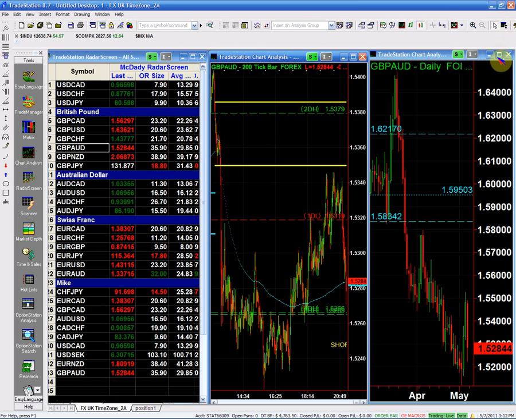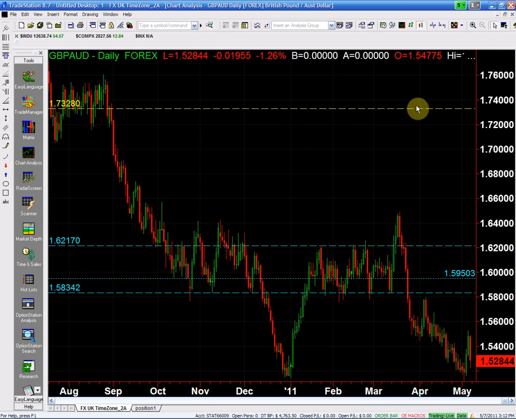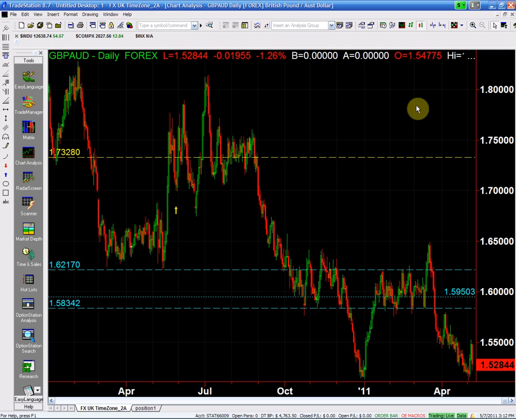And if you look at the daily chart, we had just had a bounce from the historical low of the British pound versus the Aussie. Take a look at this here. I want to show you something again, because this is how important it is to identify strength or weakness.